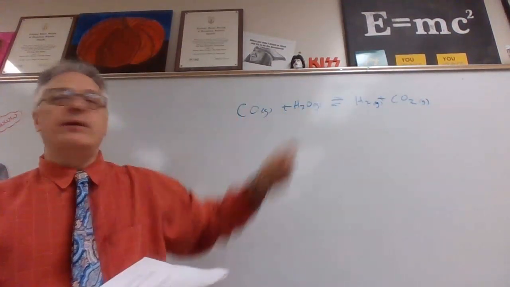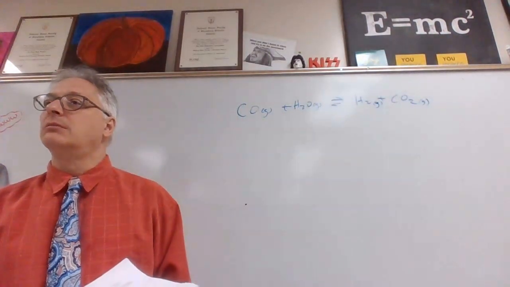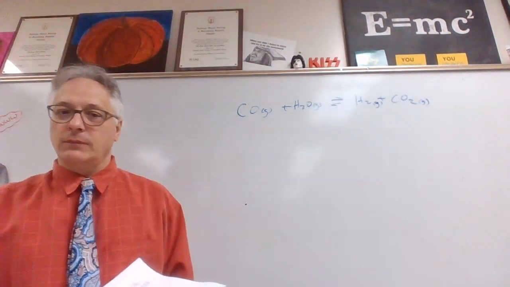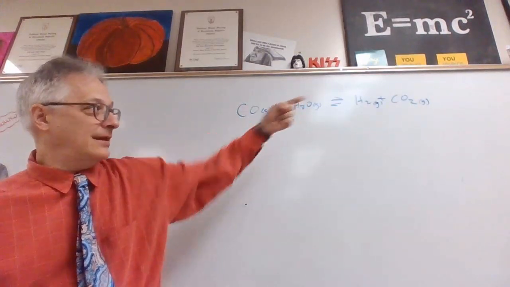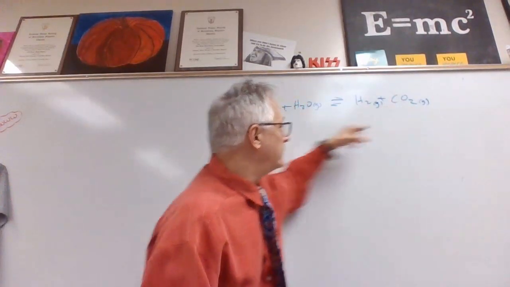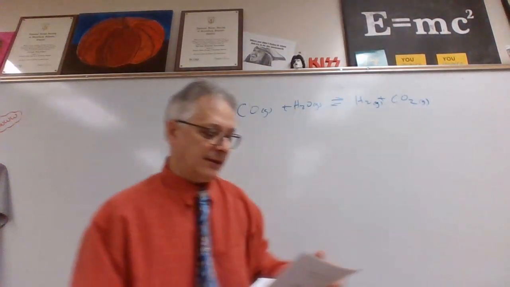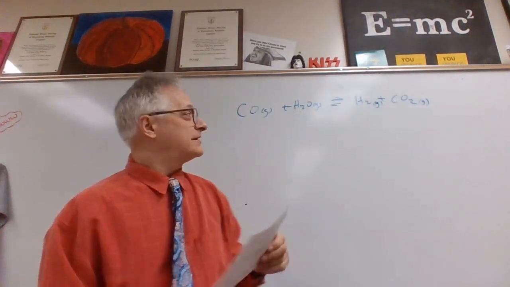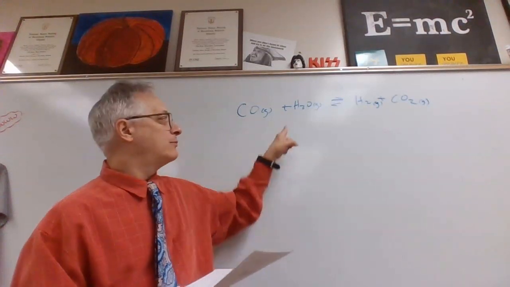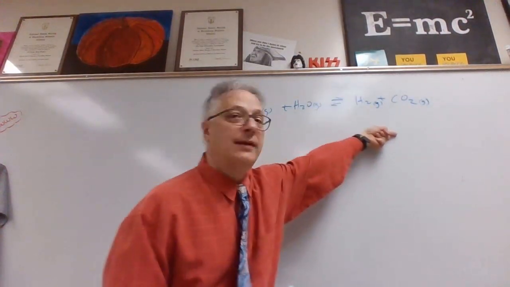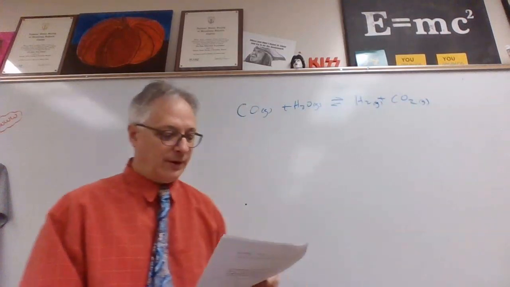Which way is it going to shift if I can remove some CO2? Don't be afraid to shout it out. It goes that way, yeah. If I'm taking out the CO2, it's going to shift in that direction. What happens if I add more H2O vapor? Add more stuff there. Yeah, it wants to get rid of it.